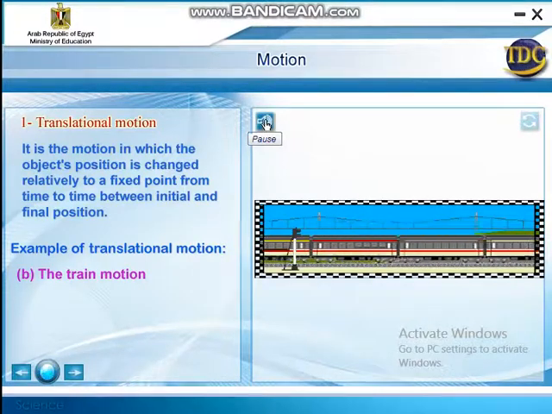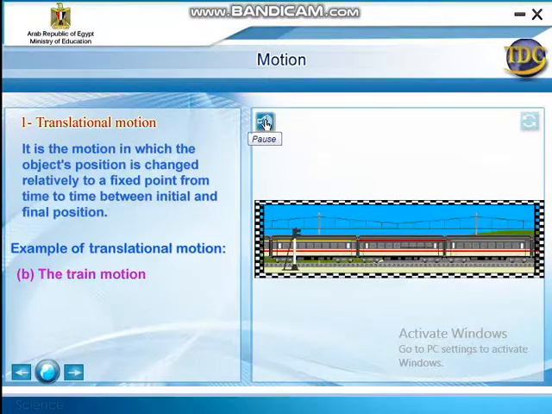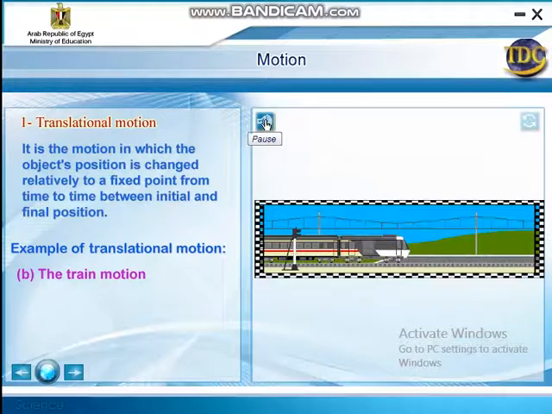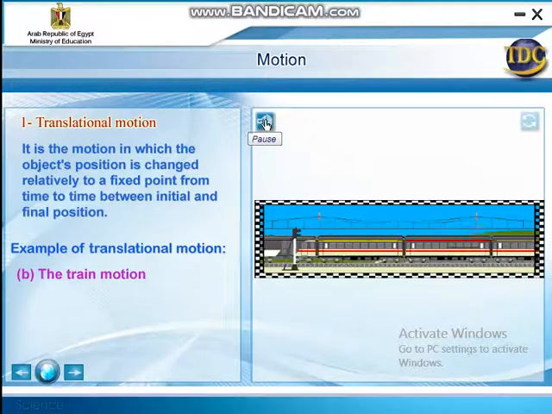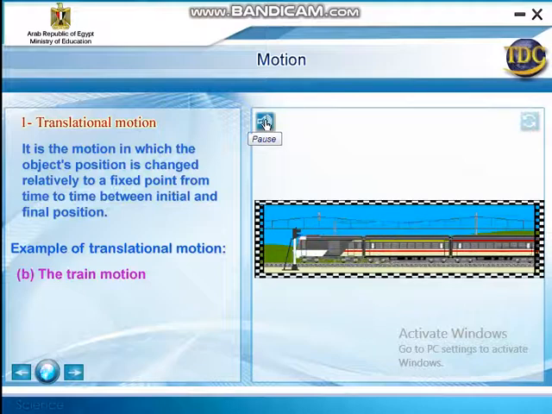Everything that moves with an initial position and a final position has its motion described as transitional motion.